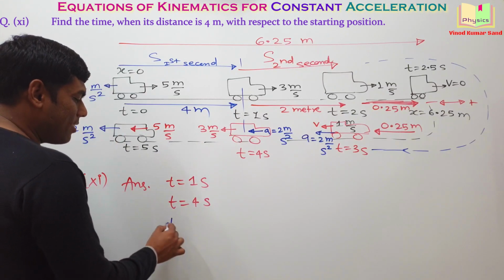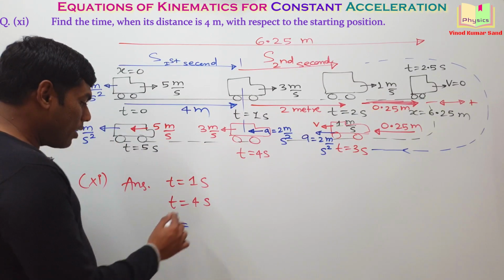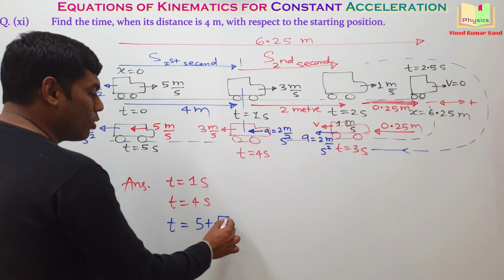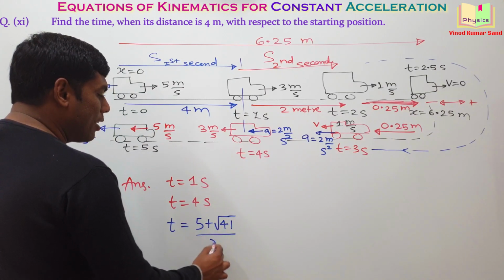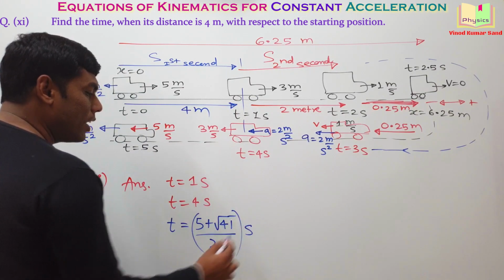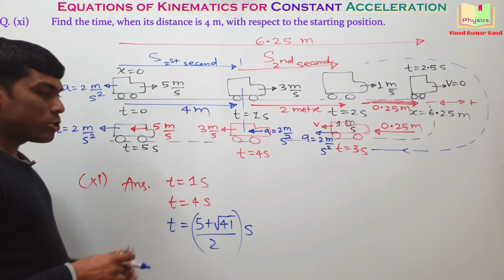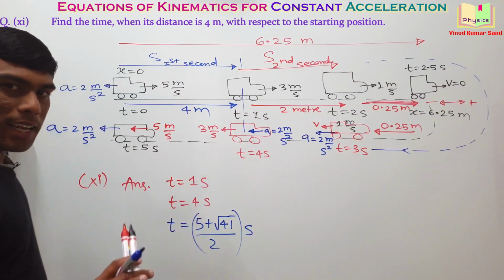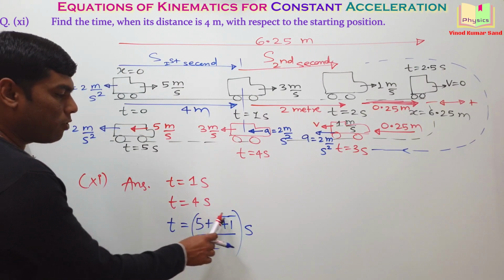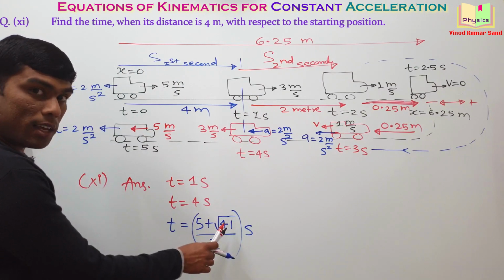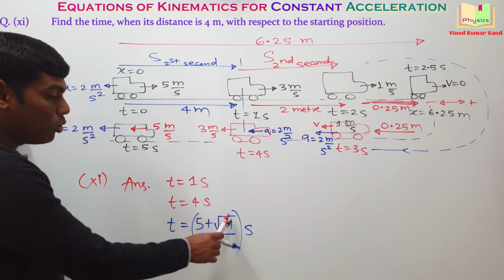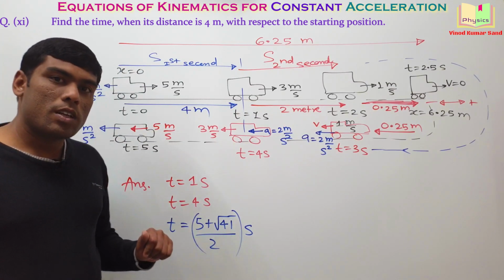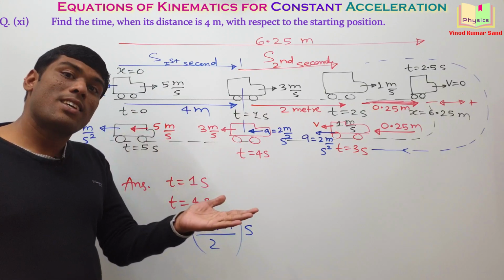And the last and the third answer, t is equal to (5 plus root 41) by 2 second. At this moment of time also, the particle will be 4 meter away from the origin, although in the negative direction. See, 5 plus something, getting it? Root 41 will be how much? Root 36 is 6.